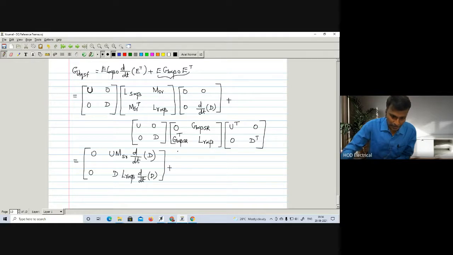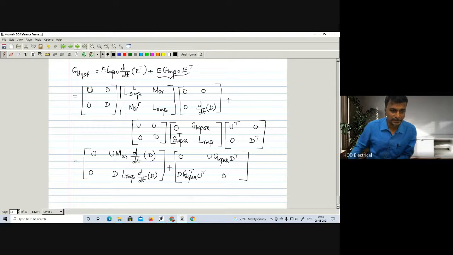plus we have this matrix 0, U G alpha beta SR into D transpose. Then we have D G alpha beta SR transpose into U transpose. Then you can add these two matrices.